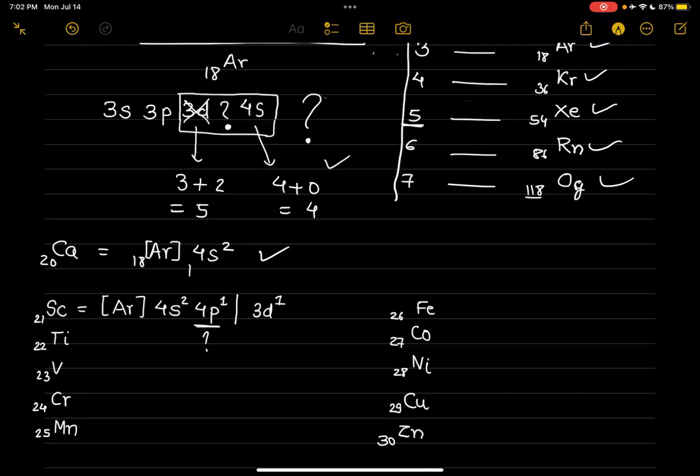Should we start filling them in scandium? We can't keep them empty, we need to put electrons. So for the 21st element scandium, the inner electronic configuration will be the same as that of calcium. The last electron, the 21st electron, is it going to come in 4p or 3d?